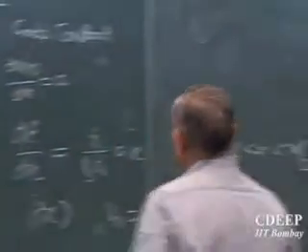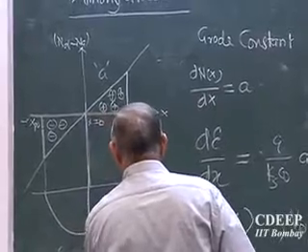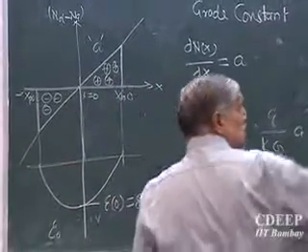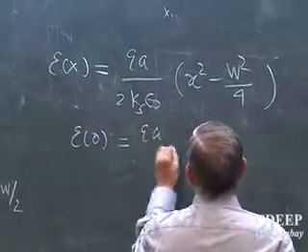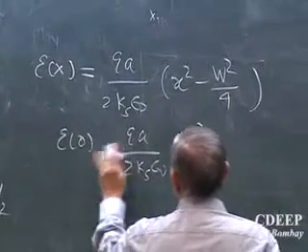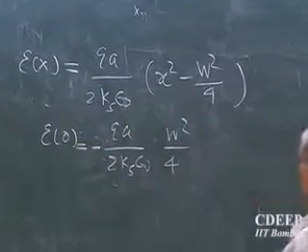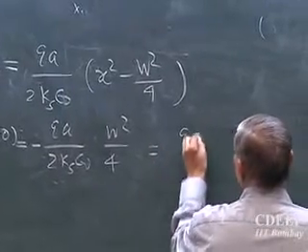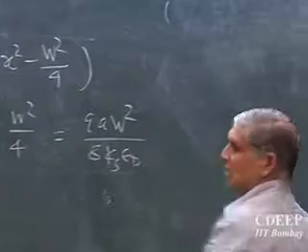Is that clear? So for a linearly graded junction, again you can find E0. What is E0? Just substitute x is equal to 0 here. So I can get E0 is QA upon 2 ks epsilon naught times minus w square by 4, or QA w square upon 8 ks epsilon.